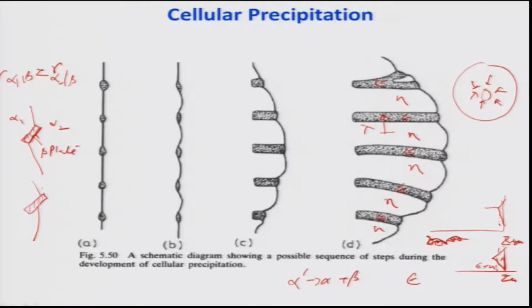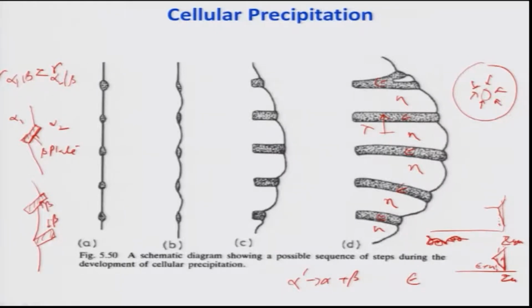This end has moved up and grown. That is what will happen. As this happens, another nucleation is possible here at the bottom, which is easier, and then the other one, this is another beta phase.